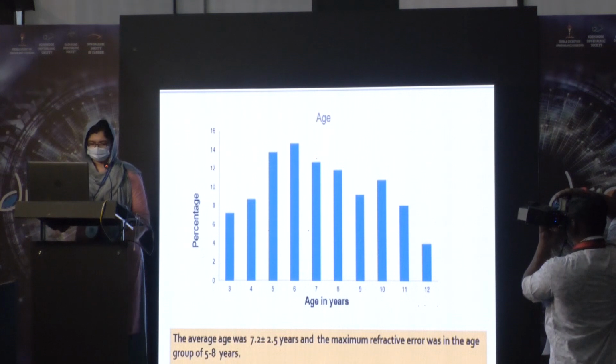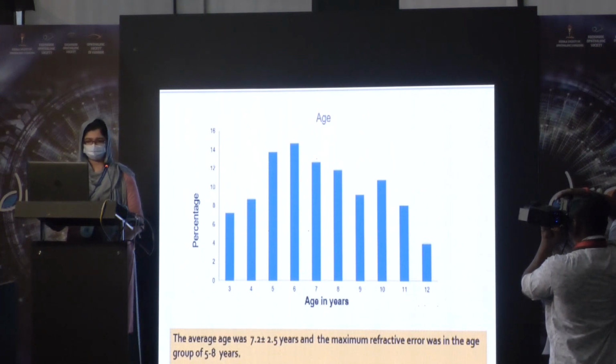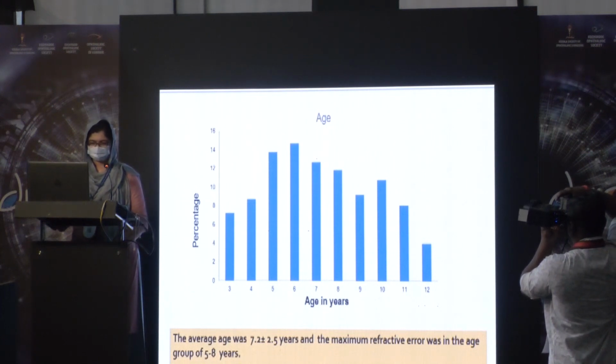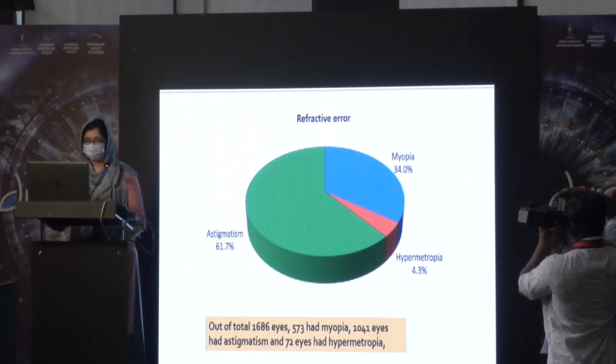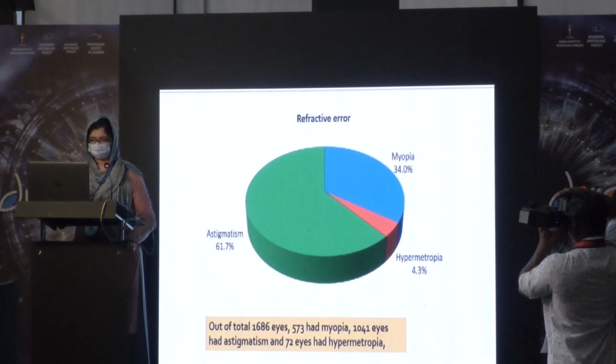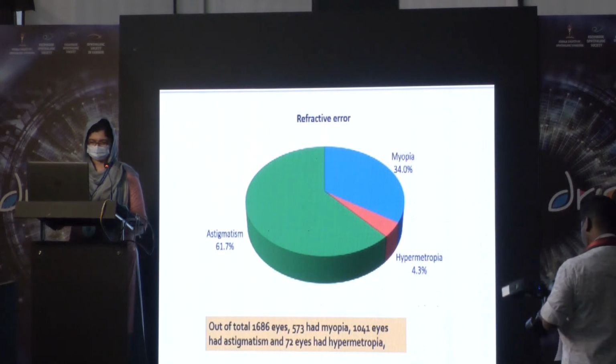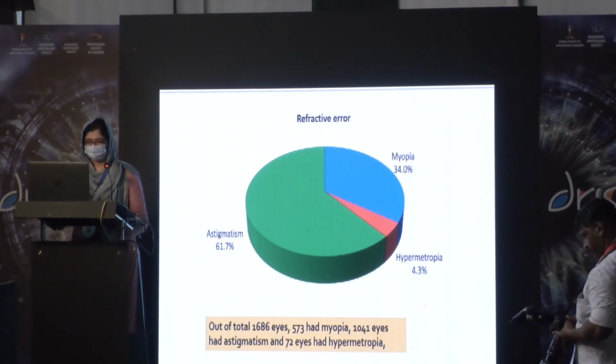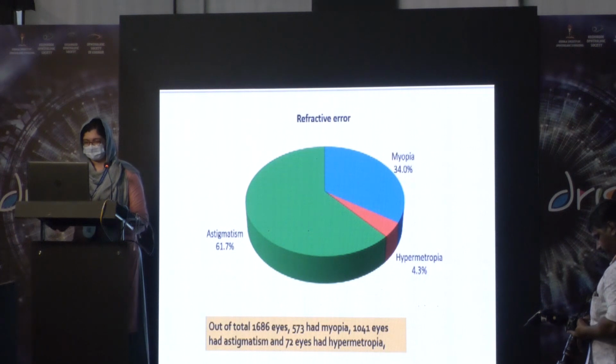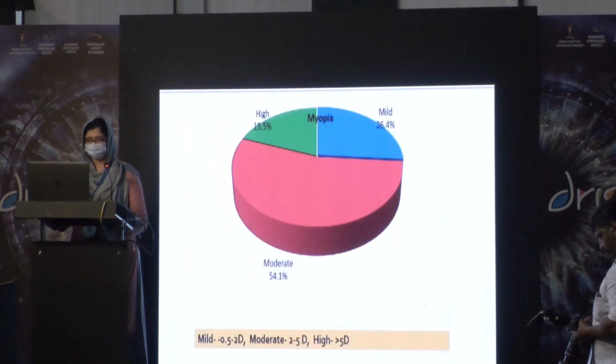The average age was 7.2 plus or minus 2.5 years, and the maximum refractive error was in the age group of 5 to 8 years. When the refractive errors were divided, astigmatism was the most common with 61.7%, followed by myopia, which was 34%, and hypermetropia, which was 4.3%.